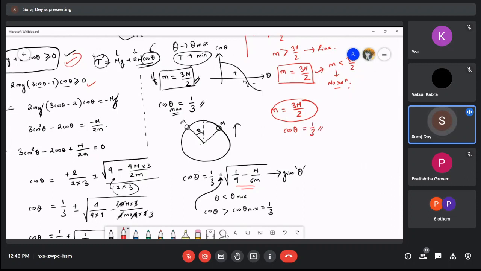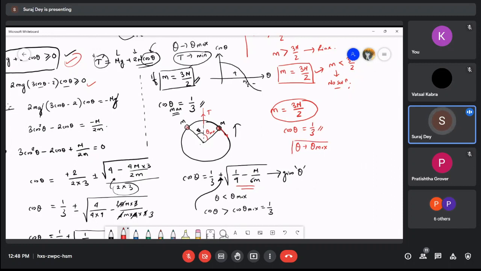Now, what will be that limiting angle? This limiting angle will be the maximum angle that these masses can take for the ring to rise. If it goes even beyond that, then it's possible that the ring may not rise. So this is the maximum possible angle the masses can attain, for which the ring can still rise.